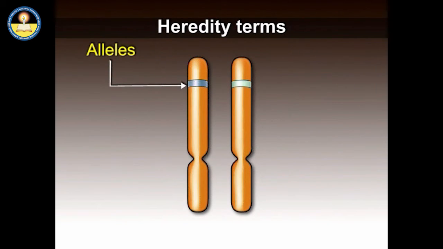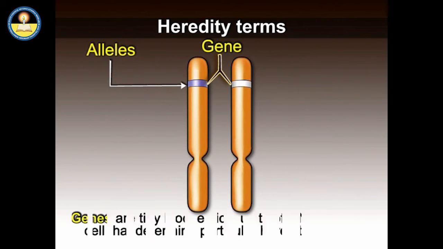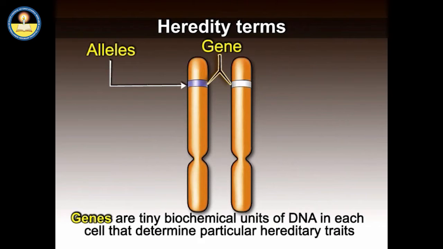Alleles. Alleles are different forms of the same gene. Genes are tiny biochemical units of DNA in each cell that determine particular hereditary traits.